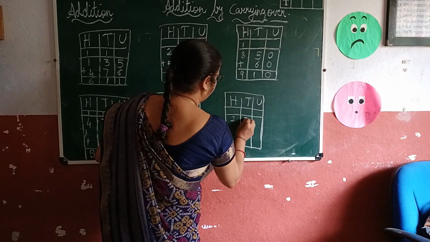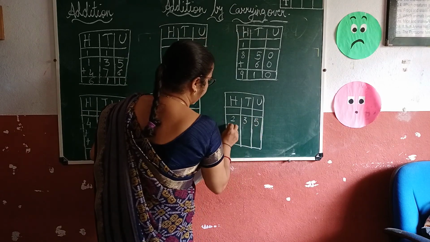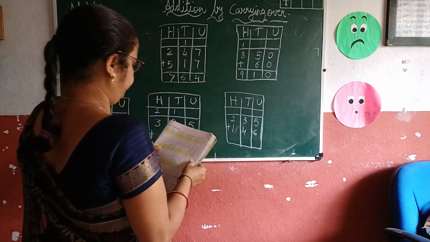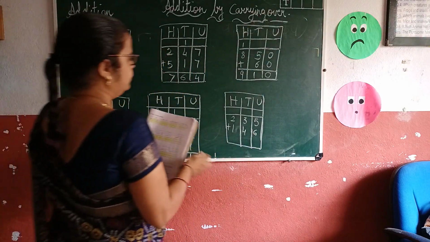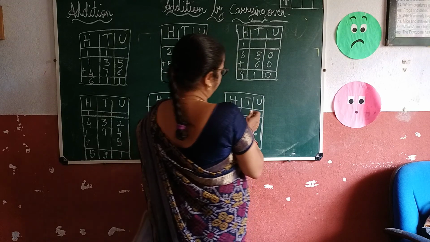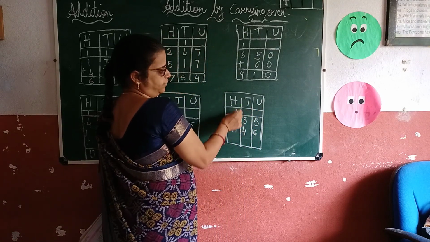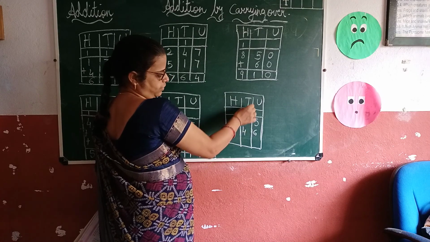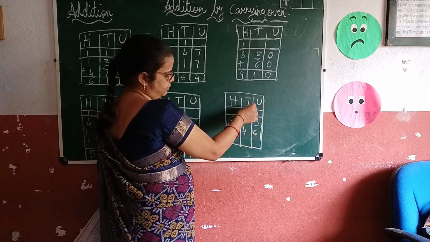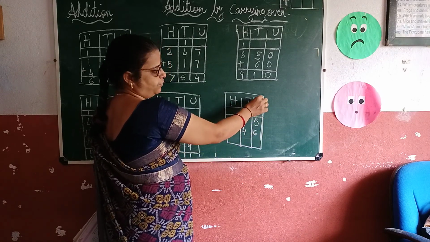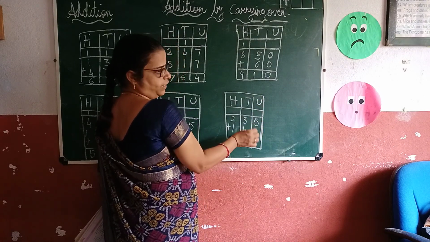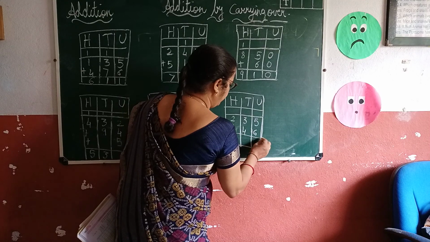So 235 plus 146. In the same way, first you have to write down 200, 3 tens, 5 units plus 100, 4 tens, 6 units. So in the first column while adding we have to add the units column. So 5 units plus 6 units, how many? 11.